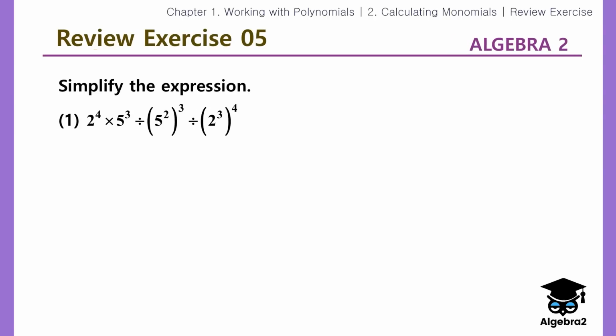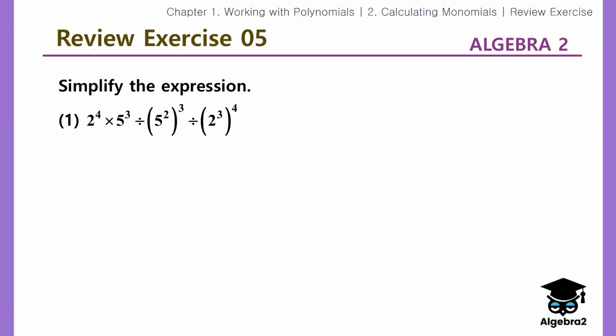All right, number 5 says simplify the expression. We have numbers with base 2, base 5, base 5, base 2, right? So let's simplify this. We're going to eliminate these parentheses first.